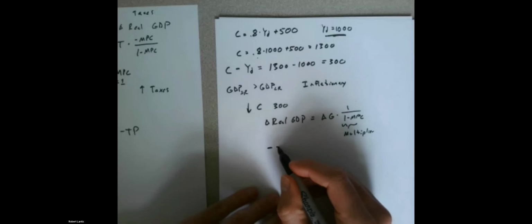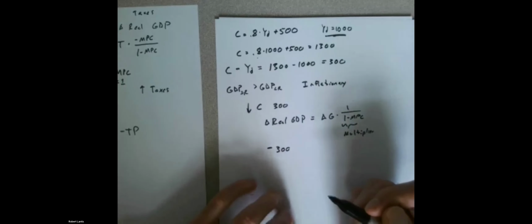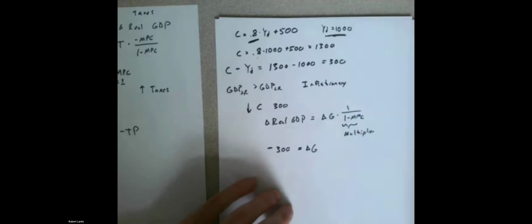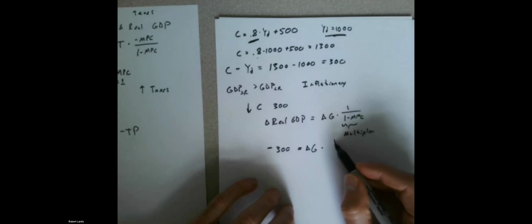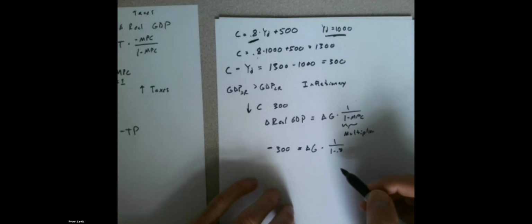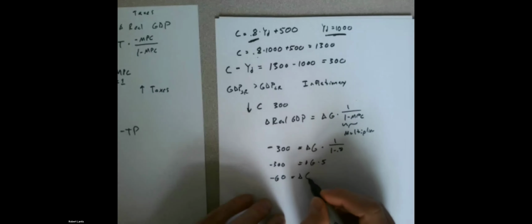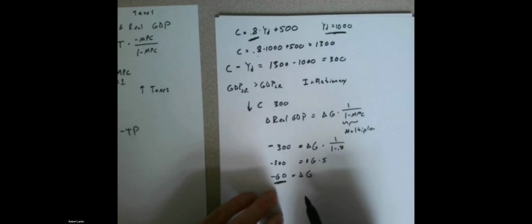Reducing GDP by 300 to get to potential GDP, with our marginal propensity to consume from the consumption function, times 1 over 1 minus 0.8, which is 5. So how much would I need to close this gap? That would be 600. Remember, this is how much I want to reduce GDP.